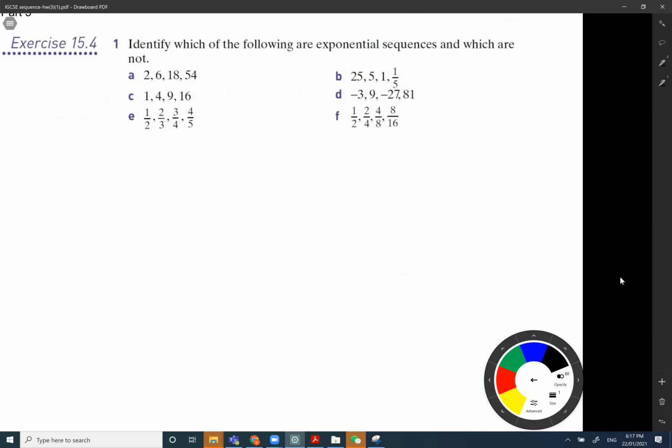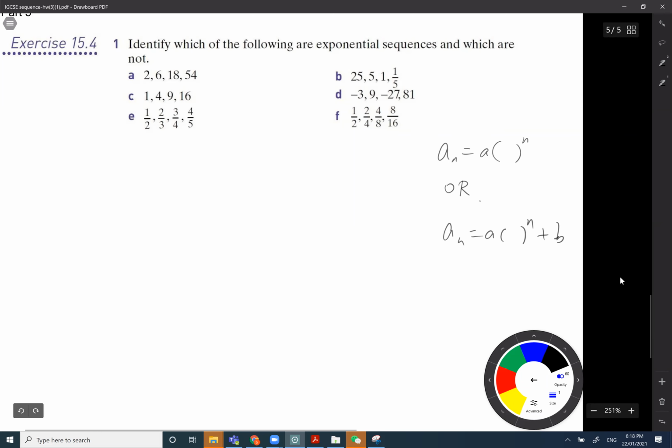One, you can write the formula a times something to the power n. Or the other one, you got a times something to the power n plus b for exponential. We're revising A, B, D.